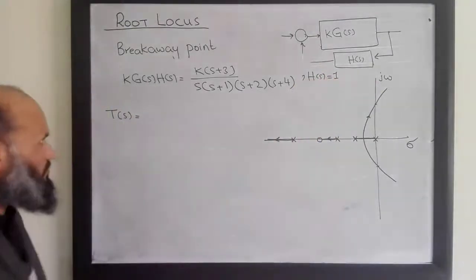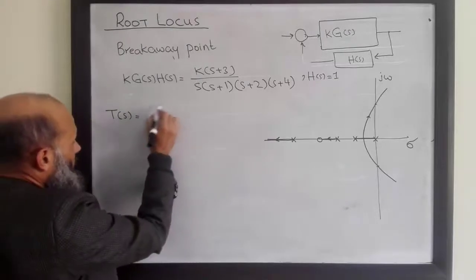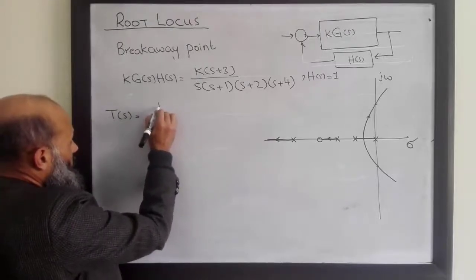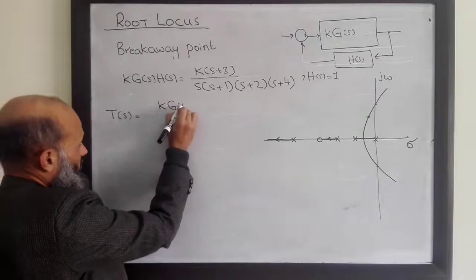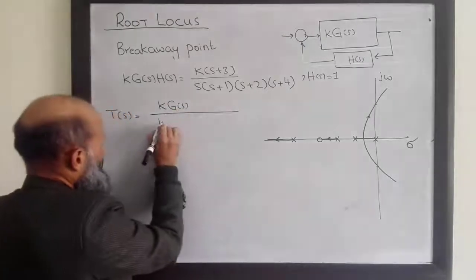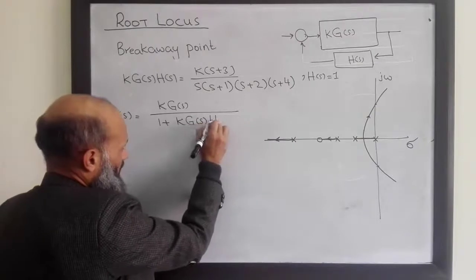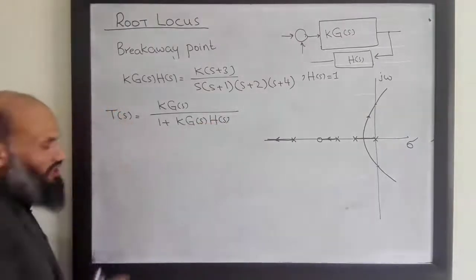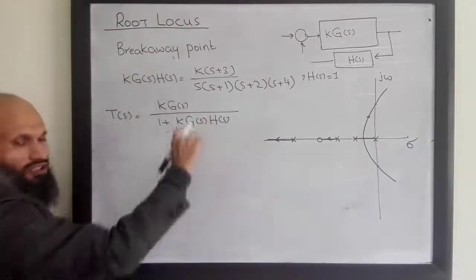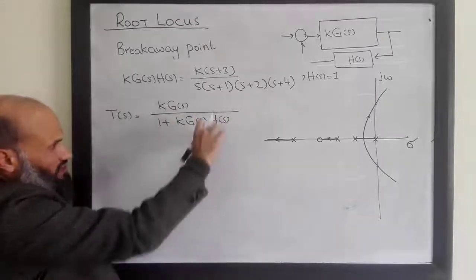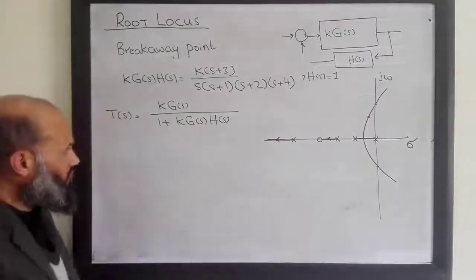So closed loop transfer function is the forward transfer function, which is kG(s) over 1 plus kG(s)H(s). We are interested in the denominator polynomial because the roots of the denominator polynomial are the closed loop poles.